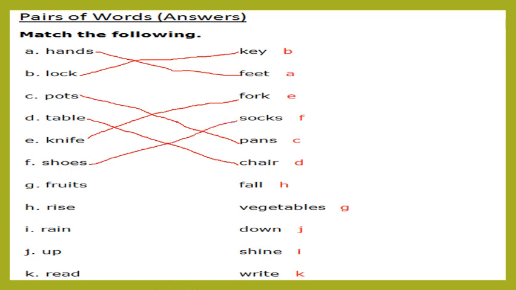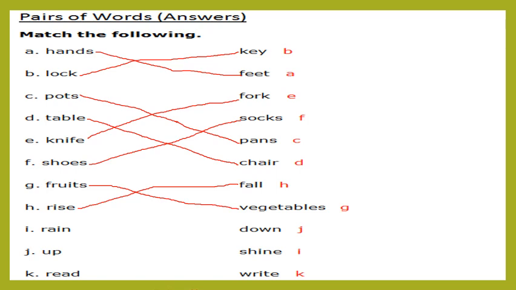Shoes and socks is a word pair. Then next, G. Fruits. Fruits and vegetables. We should eat fruits and vegetables. So, we'll match fruits with vegetables. Then H. Rise. Rise and fall. So, we'll match rise with the word fall.